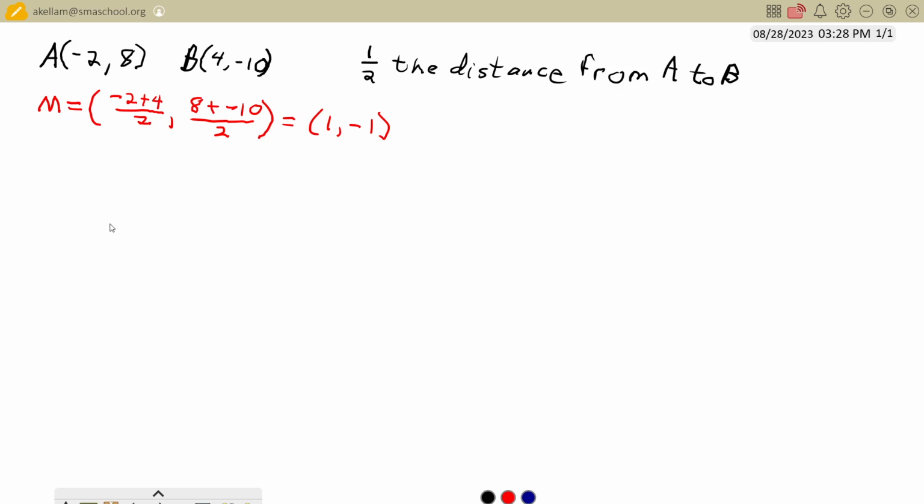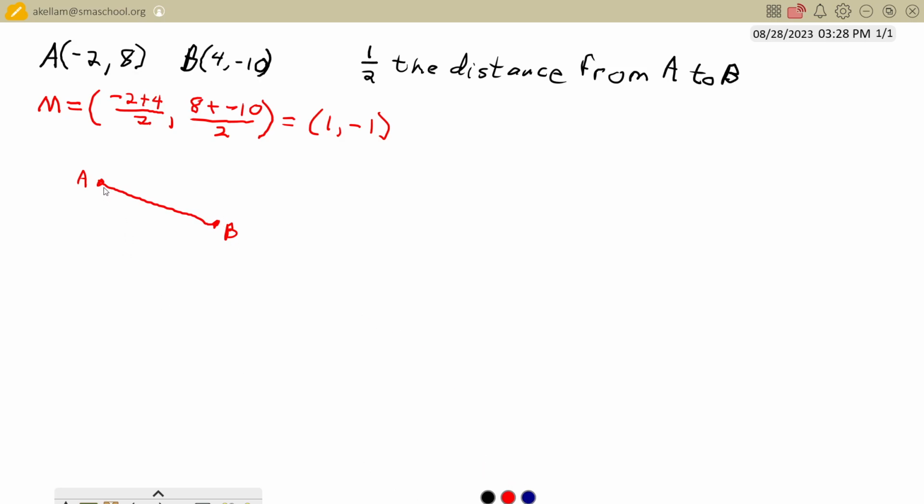fractional distance way. So I'm going to place A and B roughly where they need to be. So this is going to be my A. This will be my B. And I'm going to just sketch a line down to them. Okay.